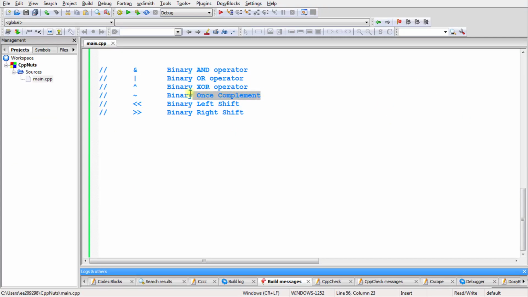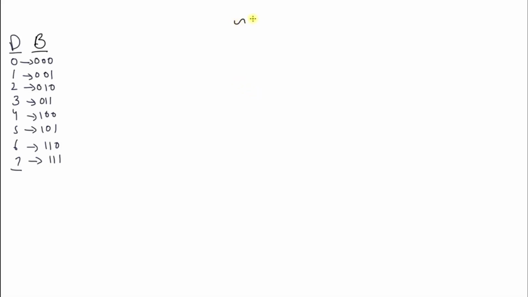Now another one is this binary ones complement. The use of the binary ones complement is like this. The symbol is this one, and the rule for this is like this. If this is applied on true, result will be false, and if this is applied on false, then result would be true.